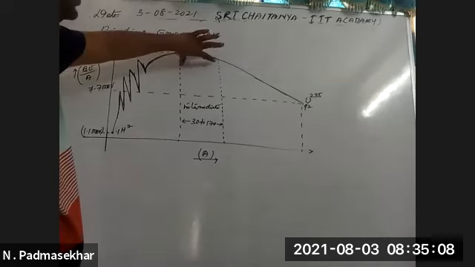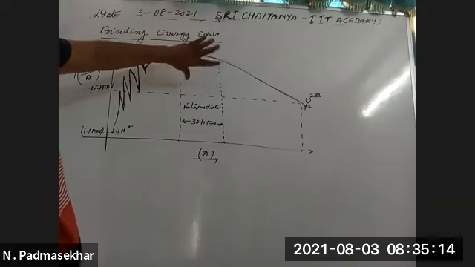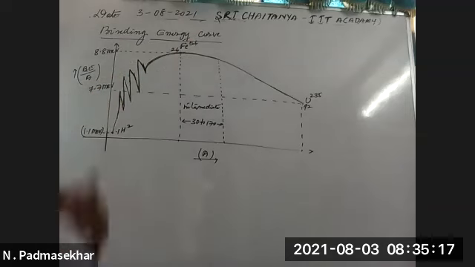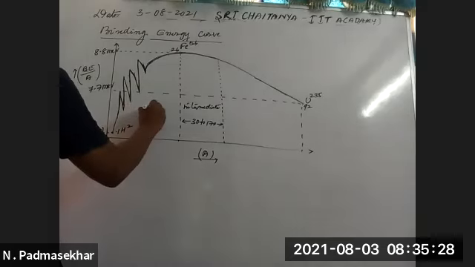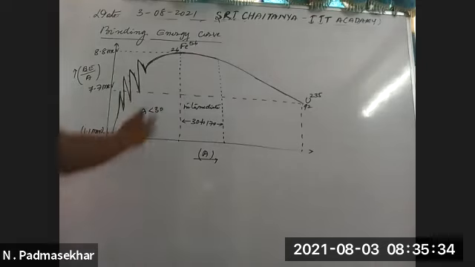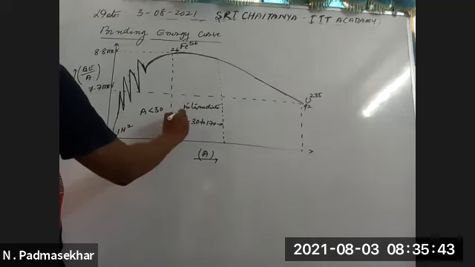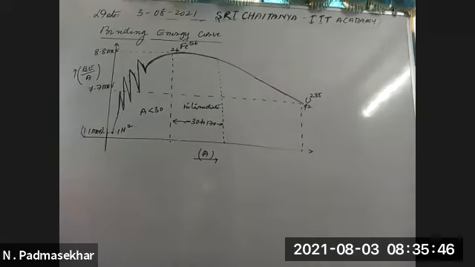So the nuclei in this region are more stable because they have more binding energy per nucleon. Now the nuclei of mass number A less than 30 are called lighter nuclei.